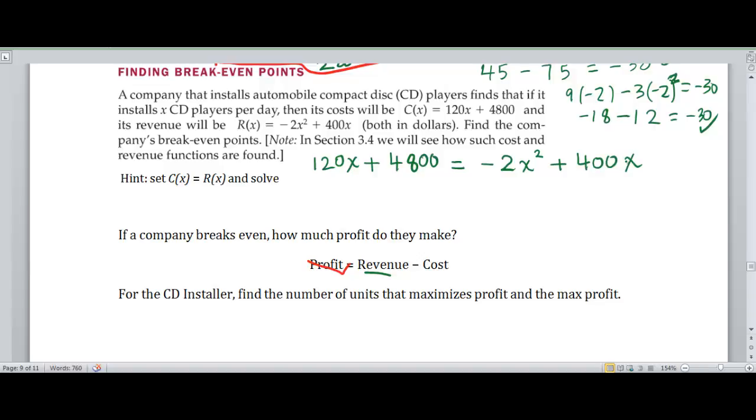Okay, so let me bring everything to one side. So if I add 2x squared to both sides and subtract 400x from both sides, okay, I get 2x squared. 120 minus 400 is minus 280.